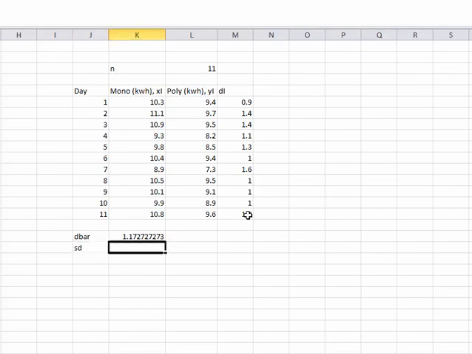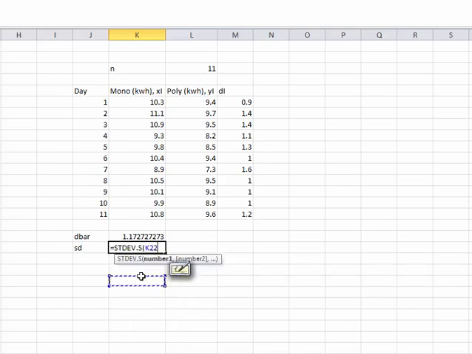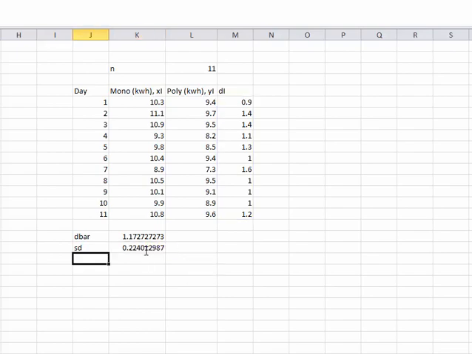And then our SD is just the standard deviation, and in our case it's a sample standard deviation of all of our di's. Press enter. And so we've calculated d bar and SD. The last thing we need to do is compute our test statistic, in our case, T naught.